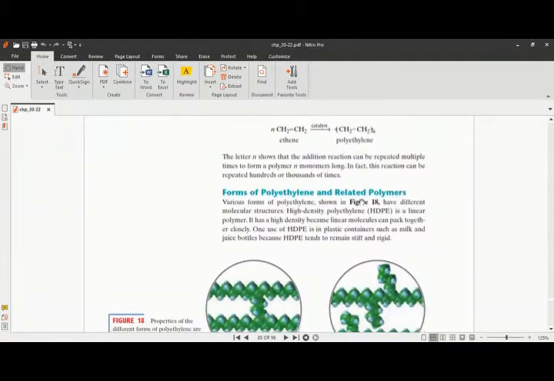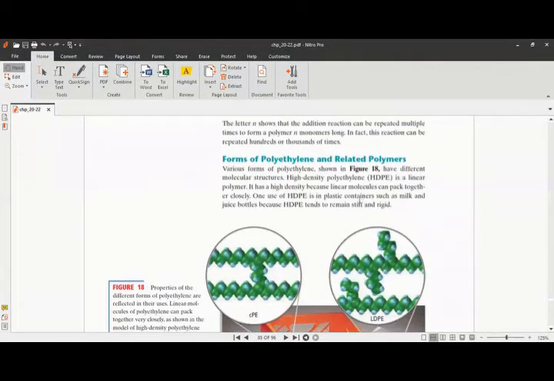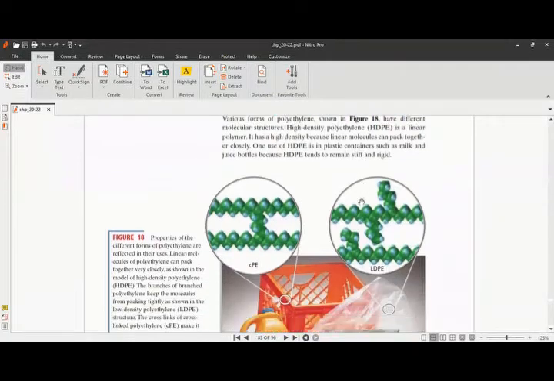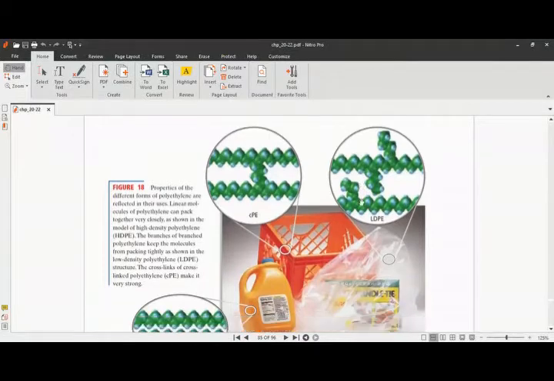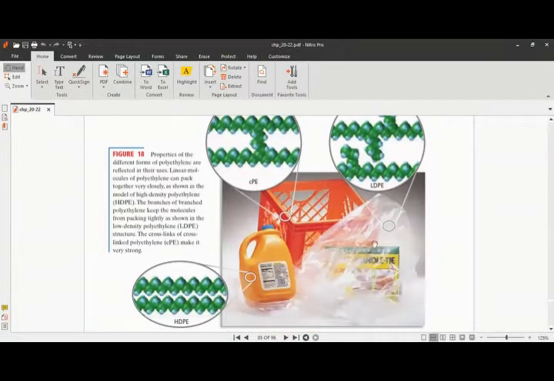For example, polyethylene that we commonly use in daily life, look at this figure. Here you have different products, and they are all made up of polyethylene, by the way. But the difference is the density of the polyethylene that we use.